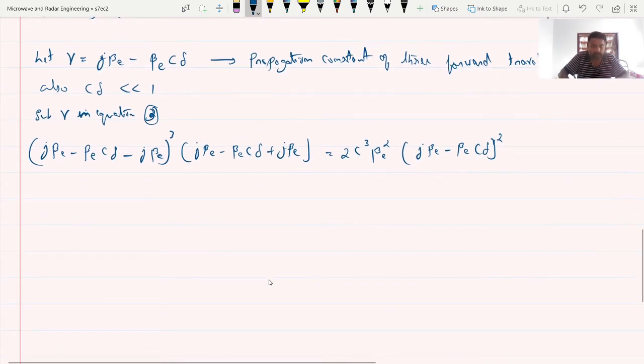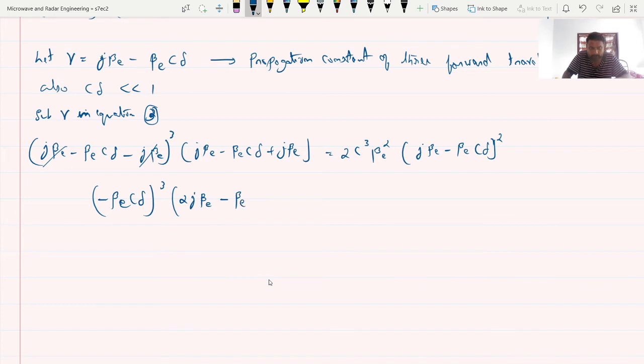Okay, so what I will do, this and this can cancel. So ultimately it changes to minus beta e c delta the whole cube. This will be 2 j beta e minus beta e c delta, which is nothing but 2 c cube beta e square.